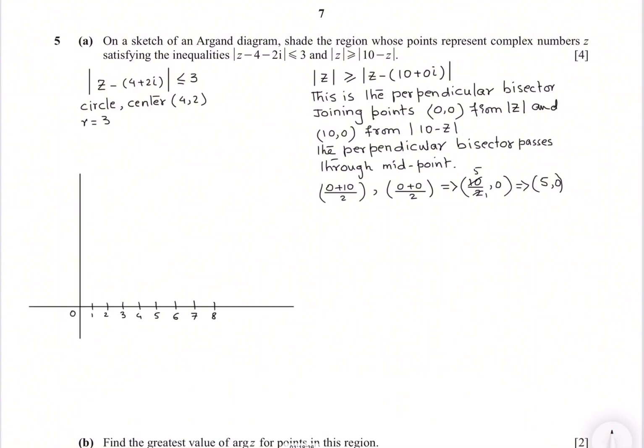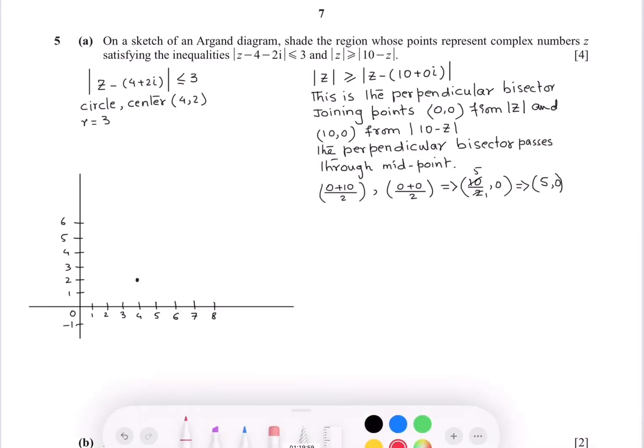So I have written till 8, actually it should be written till 10, but it's okay. On the y-axis I have written till 6, and below the x-axis I have written till minus 1. So this is your (4, 2) point, and now try to make a circle around this.